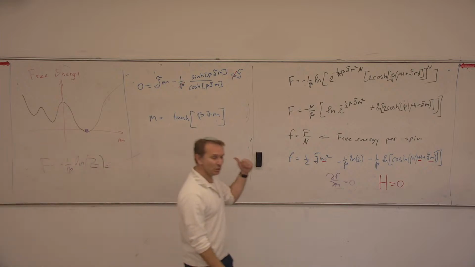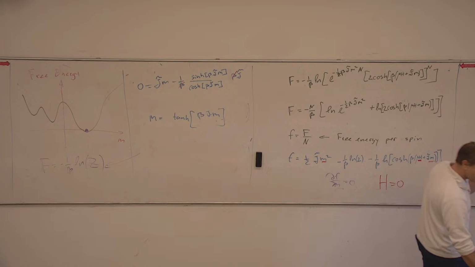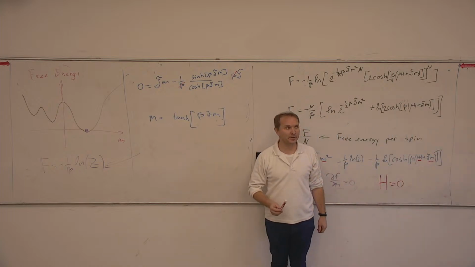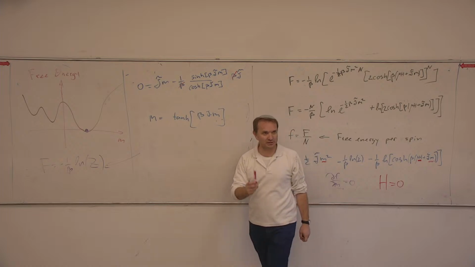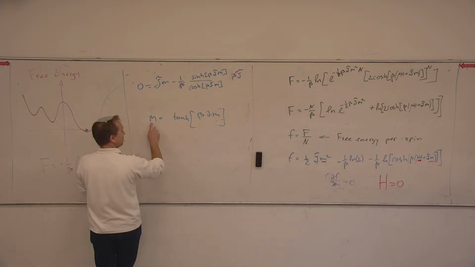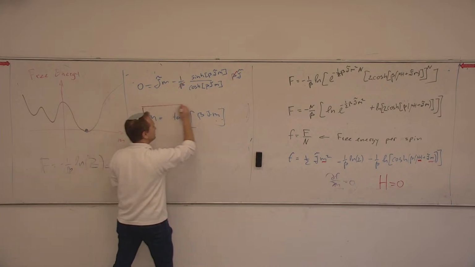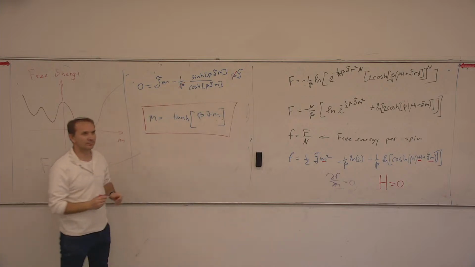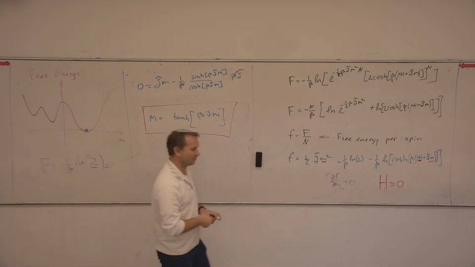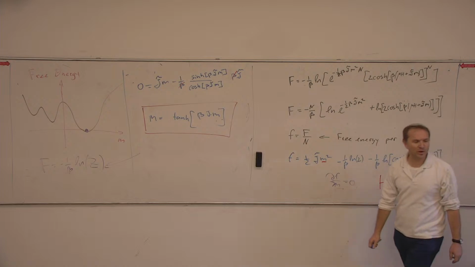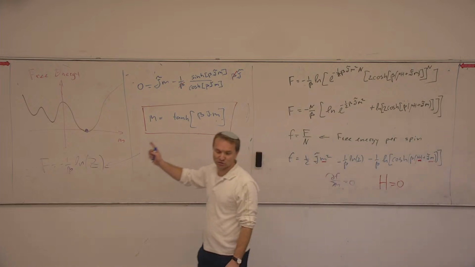Solve this guy, and we'll get m. So m is the specific variable that satisfies this equation. Now, this equation is a closed form equation, and there is no clear solution.